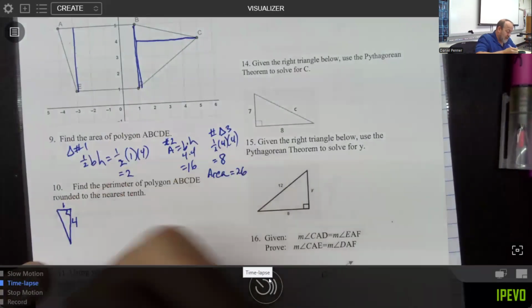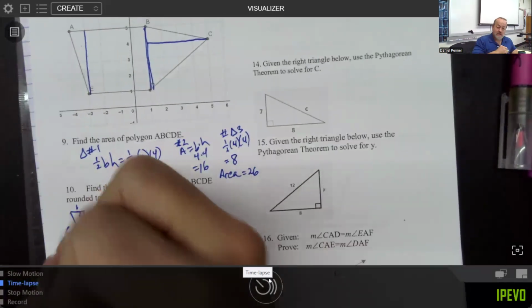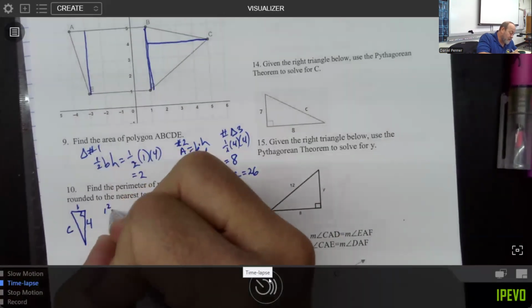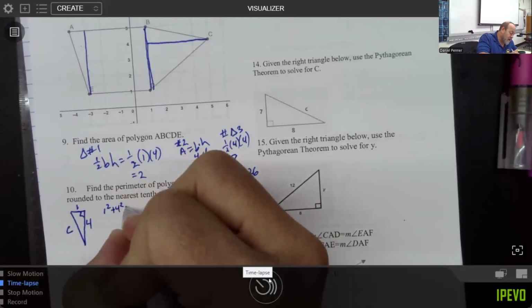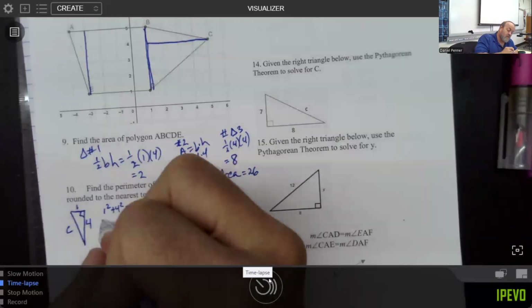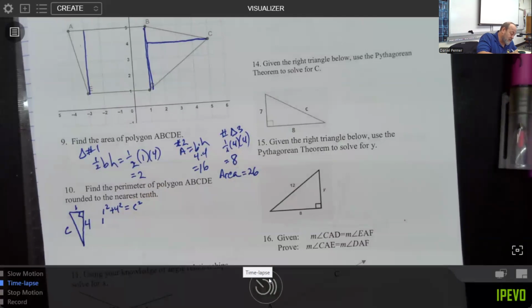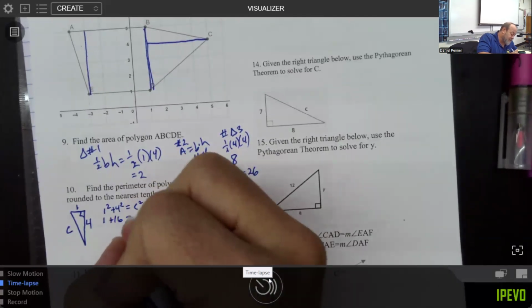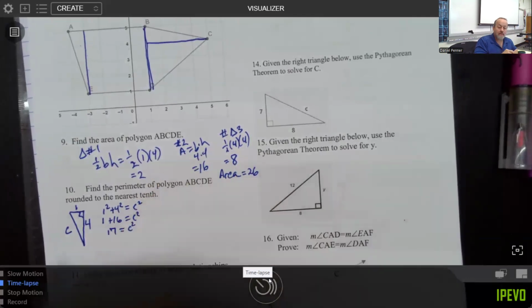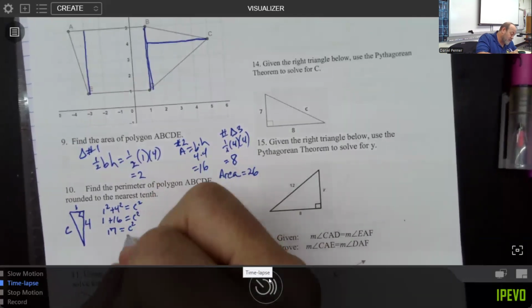If I call this C, I could say A squared plus B squared equals C squared. 1 squared is 1, 4 squared is 16, so together that makes 17, and that would make C the square root of 17.